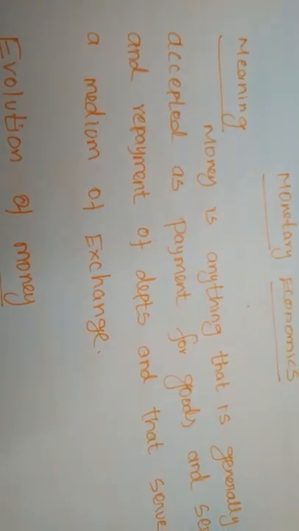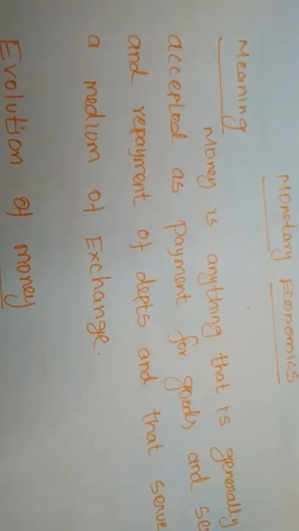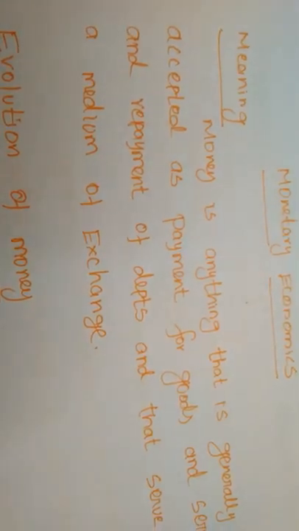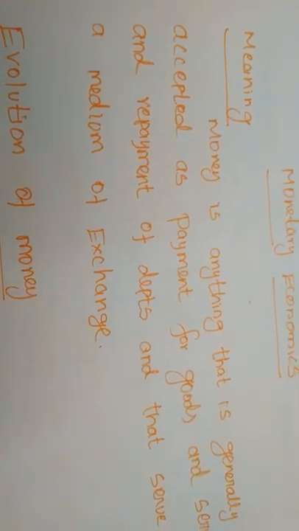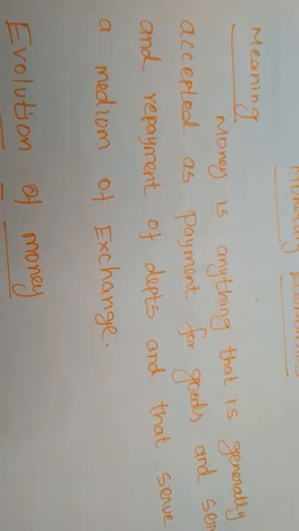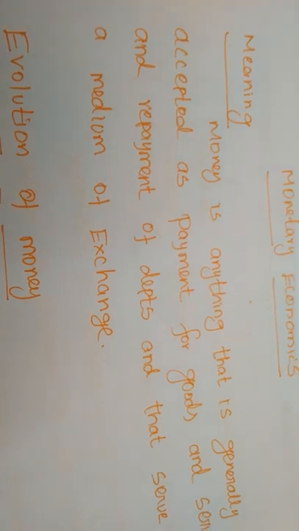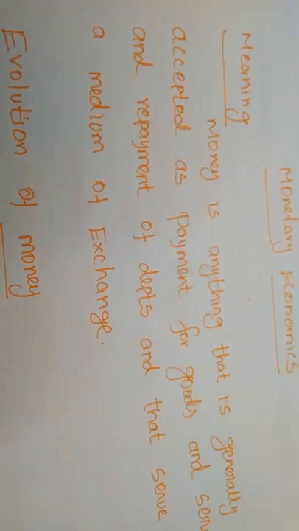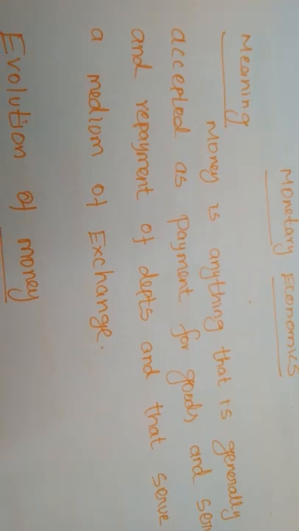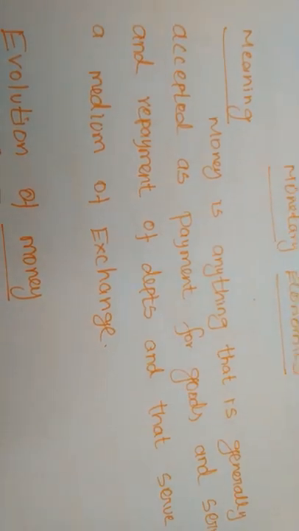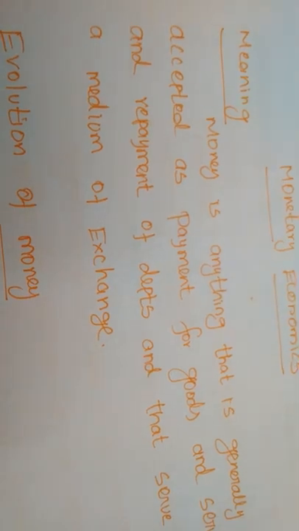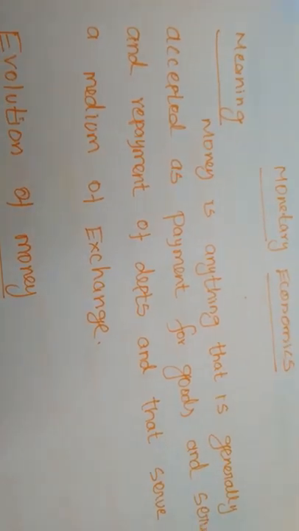When we are involved in buying and selling activity, both the buyer and seller need something as a general measure of value or a common measure of value. That common measure of value also has to be accepted by both buyer and seller.